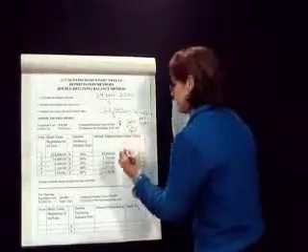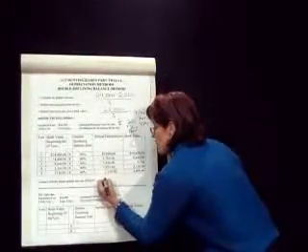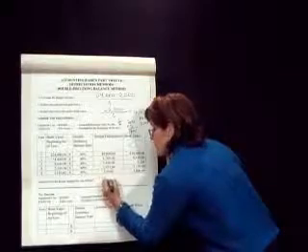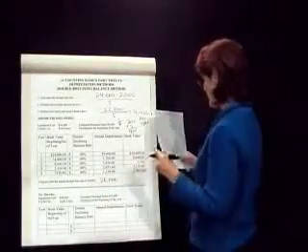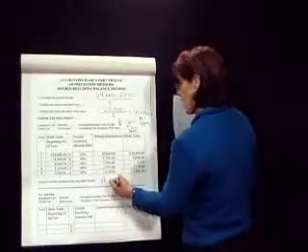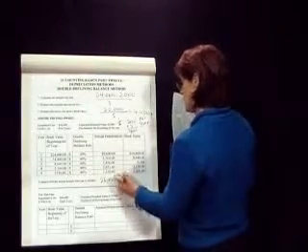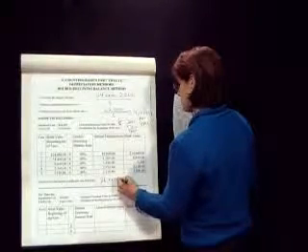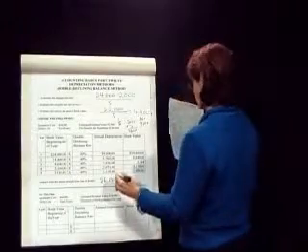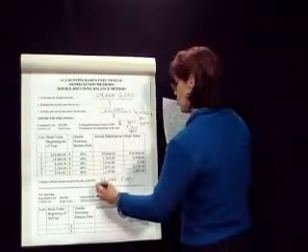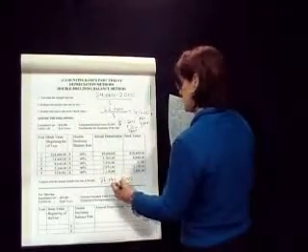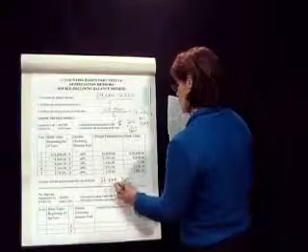We would start with cost of $86,000, subtract out the residual value of $10,000, and then take that over the number of years, which was 8 years of useful life.